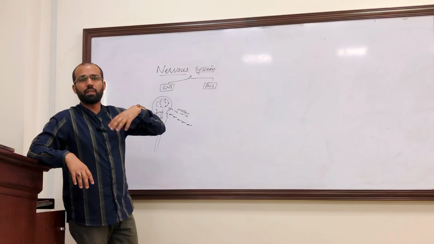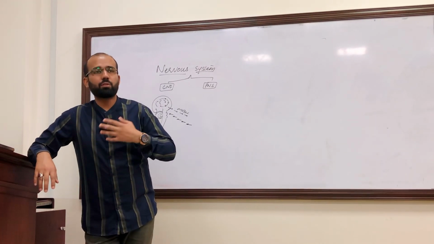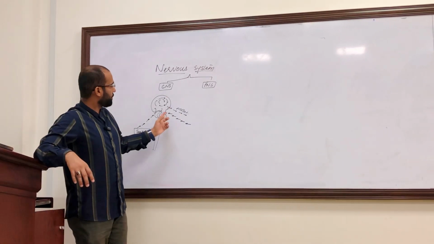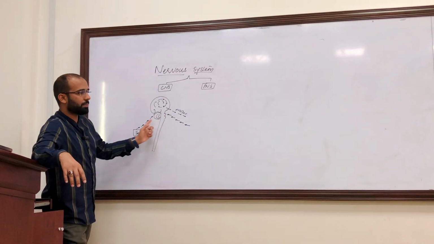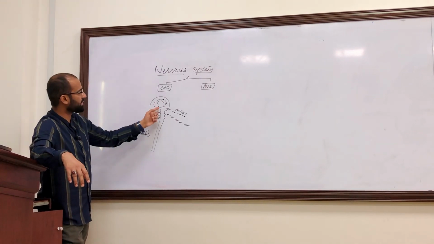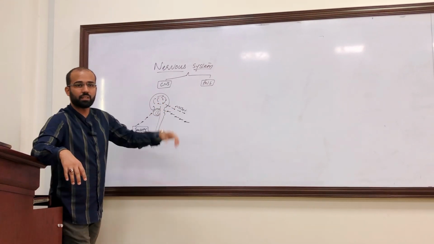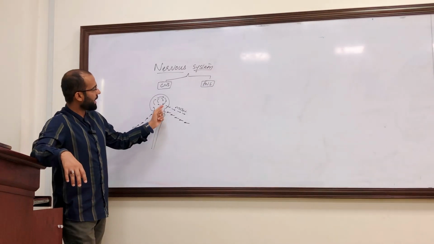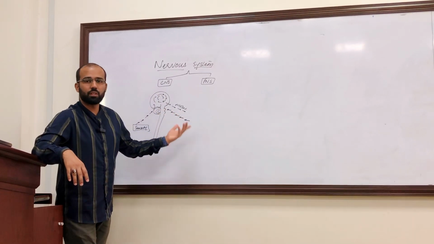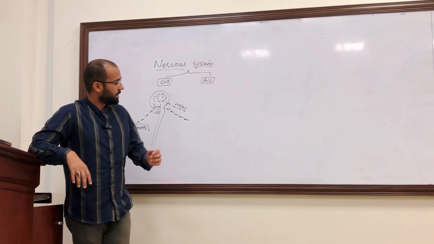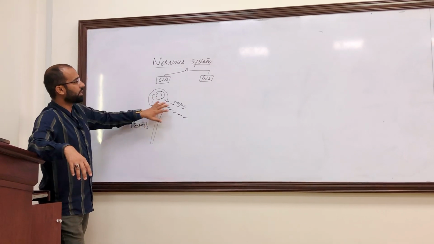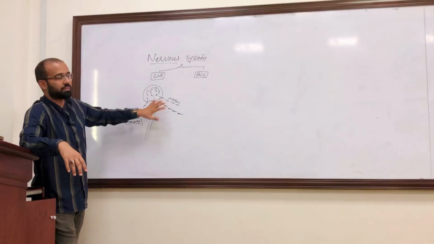You have billions of neurons and most of the memory is stored in your higher centers, the brain. The information coming from the sensory pathways, from the external and internal environment, must be processed, integrated, and compared and contrasted with recent or past information, and then according to that situation it generates the motor responses, the motor pathway. So we are not going into detail about CNS and PNS right now.